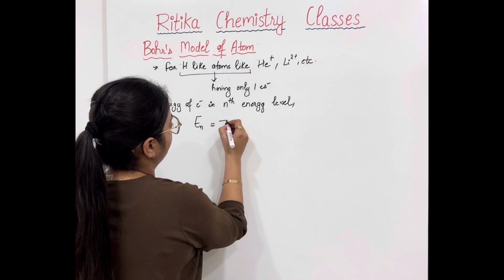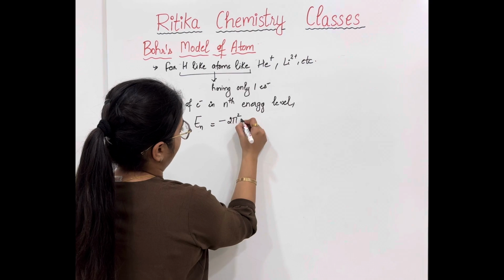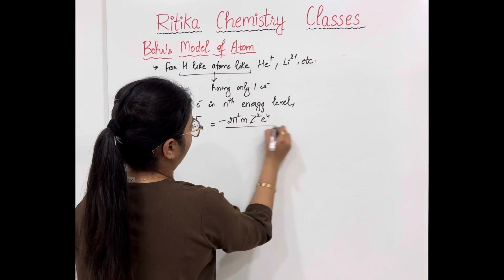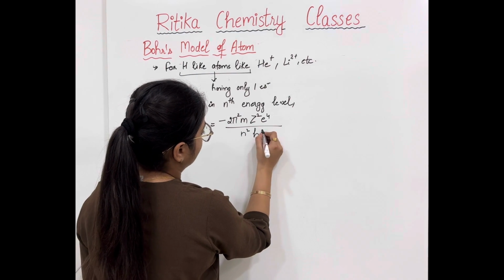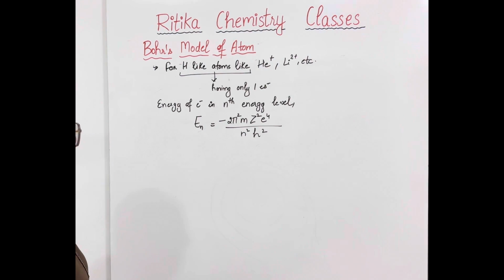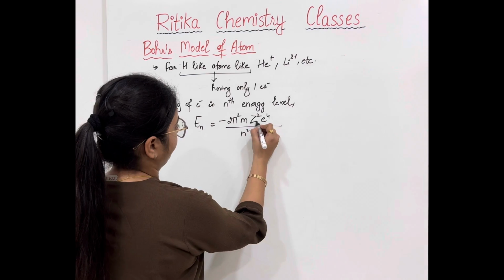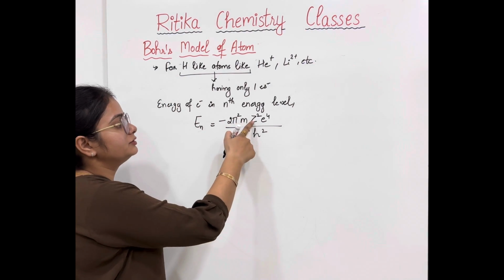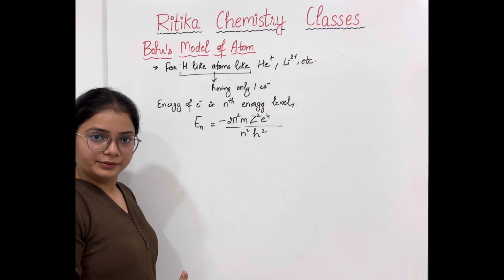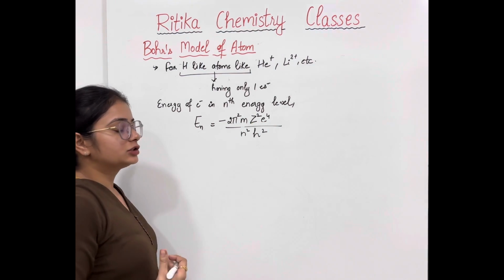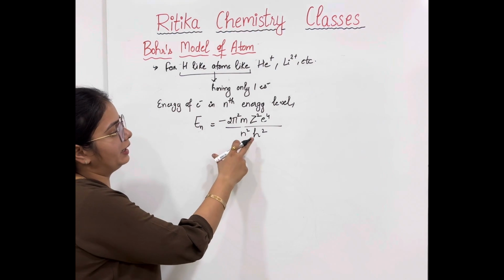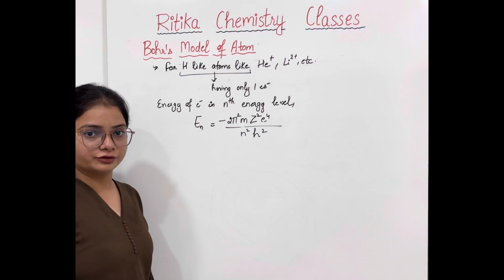It is equal to minus 2 pi square m Z square e to the power 4 upon n square h square, where m is the mass of the electron, Z is the atomic number, e is the charge on the electron, n is the number of the shell, and h is Planck's constant.